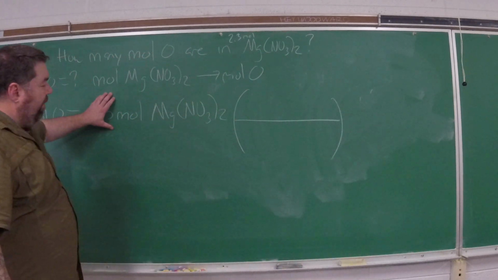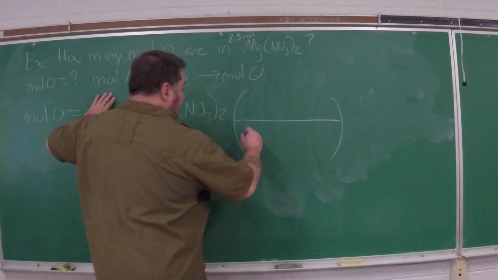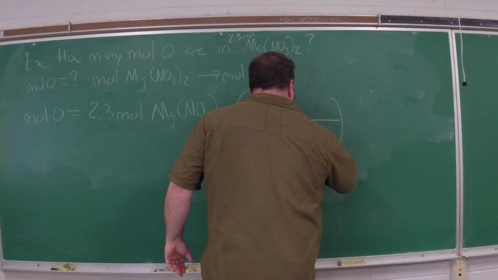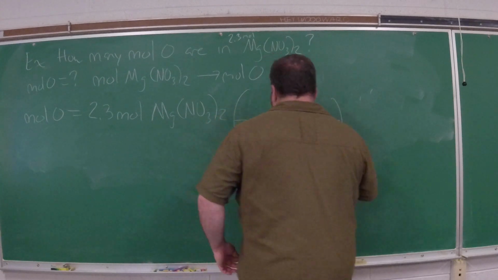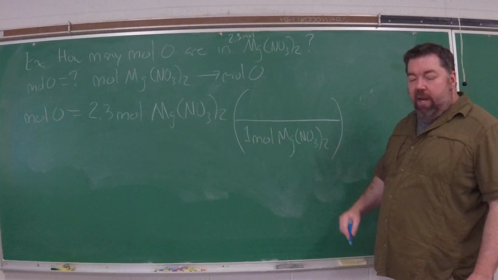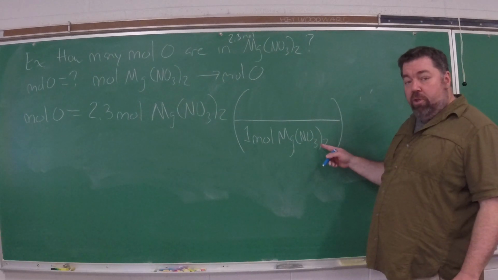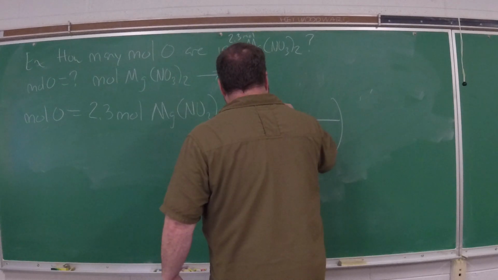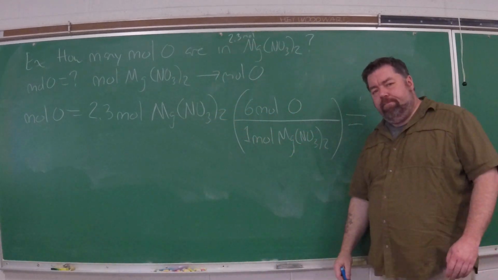All right, so again, we want moles of magnesium nitrate to cancel, right? So I'm going to put that down here. Now, for every 1 mole of magnesium nitrate, how many moles of oxygen are there? Well, there's 3 per nitrate, there's 2 of those, so 6 moles of oxygen. Correct?